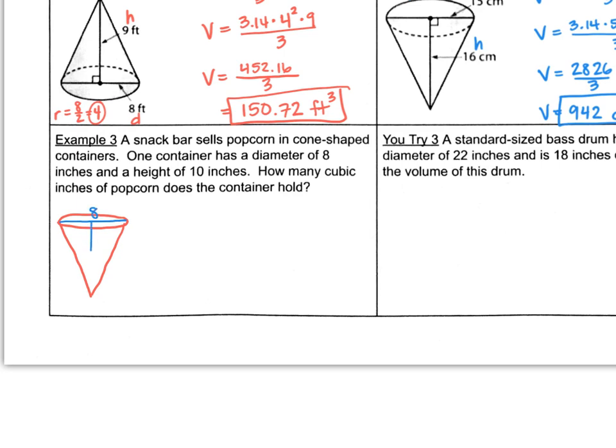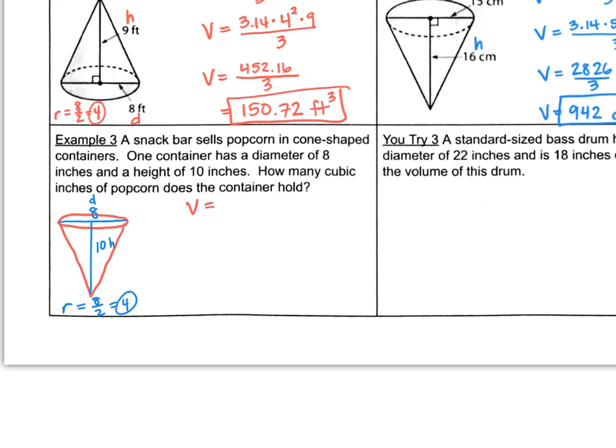And the height going all the way down is 10 inches. So if the diameter, that's D, is 8 and the height is 10, we need to know what our radius is. So our radius is our diameter divided by 2, 8 divided by 2, which is 4. Okay, 4 inches.